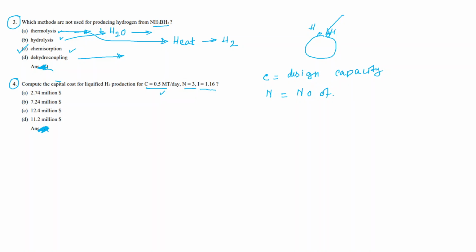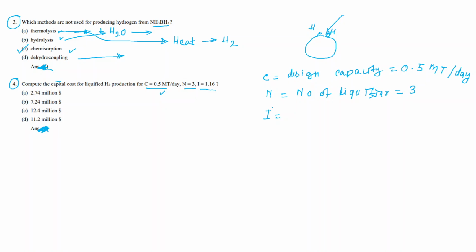Okay, this is called the liquefier. It is given that N equals 3 and C is given as 0.5 metric ton per day, and I. What is I?